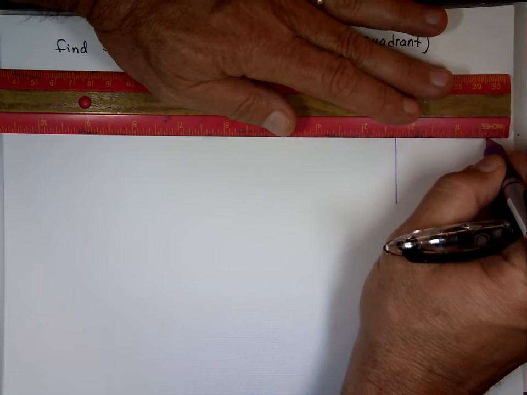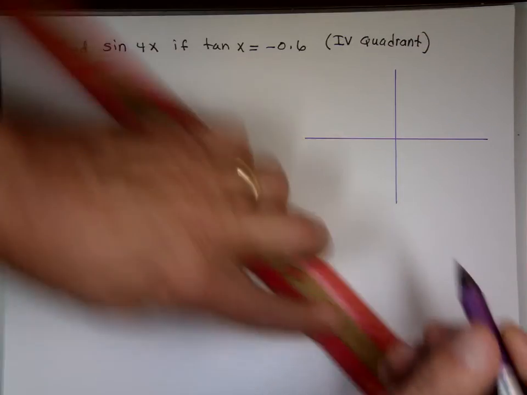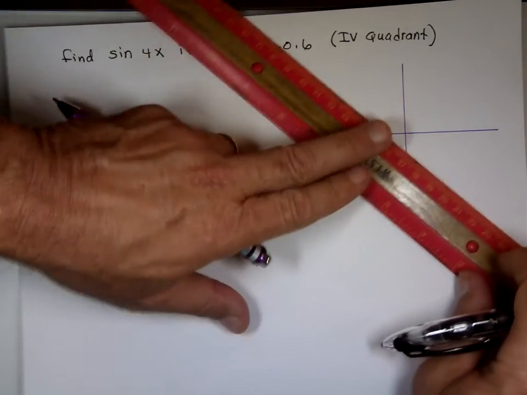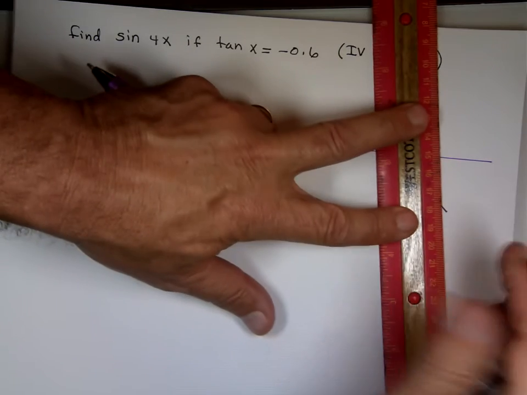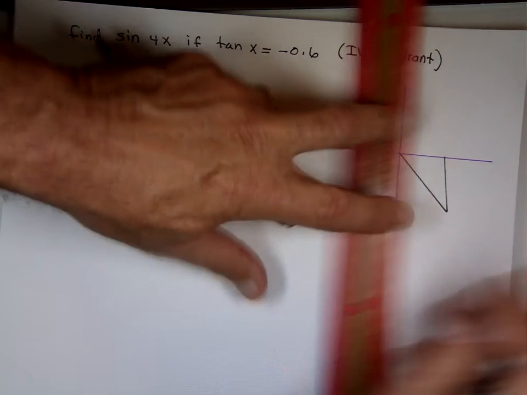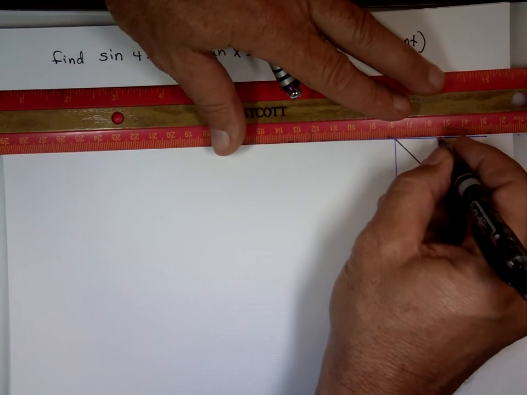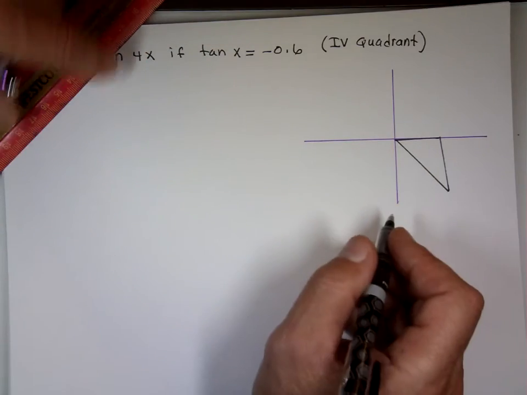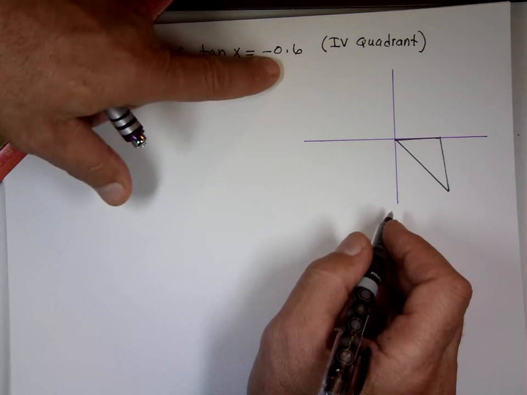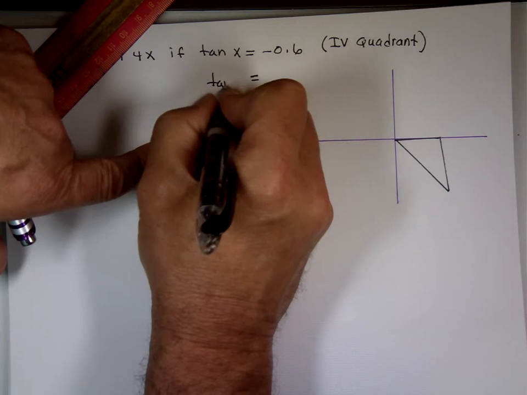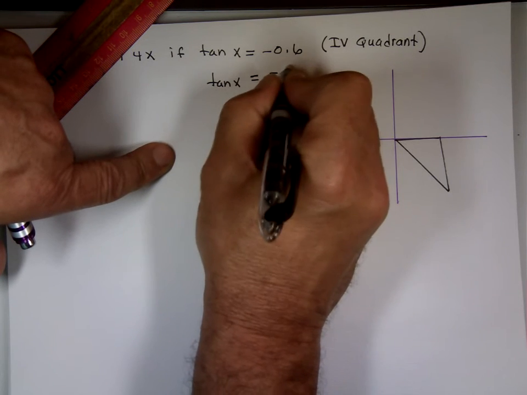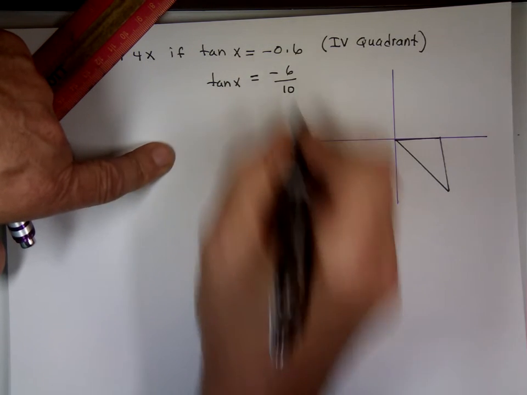Only the cosine is positive in the fourth quadrant. So somewhere here we have that angle x. The tangent is opposite over adjacent. So negative 0.6, that's what? Negative 6 over 10, which is negative 3 over 5.